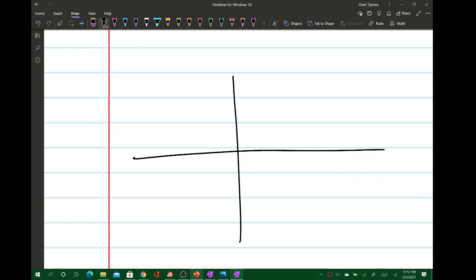Even exponential functions can have asymptotes. What I'm trying to say is, if you're wondering about horizontal asymptotes, exponential functions can have horizontal asymptotes like this, right?